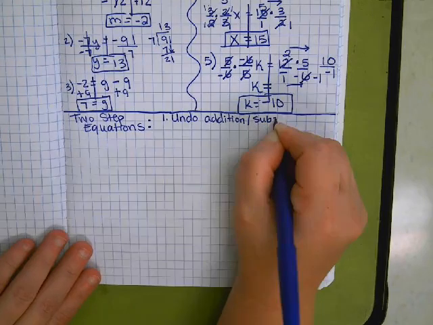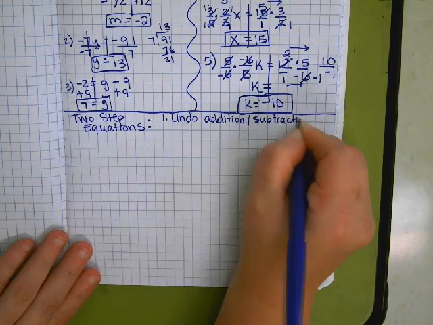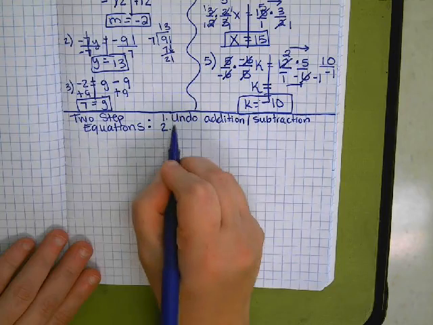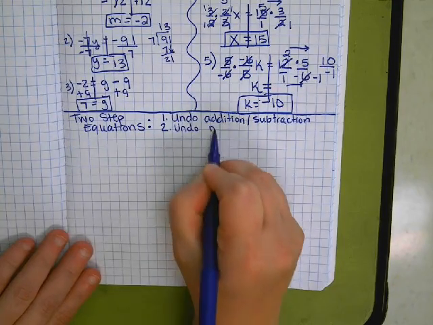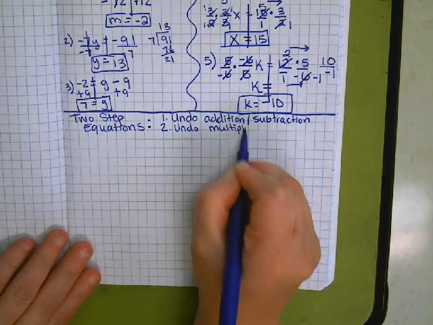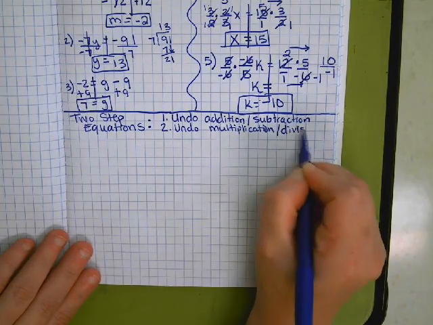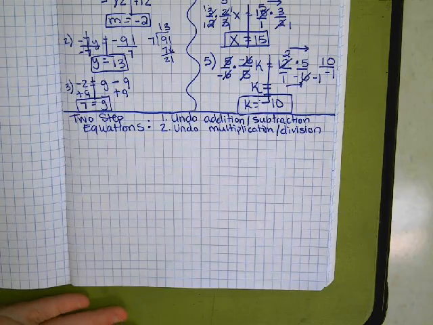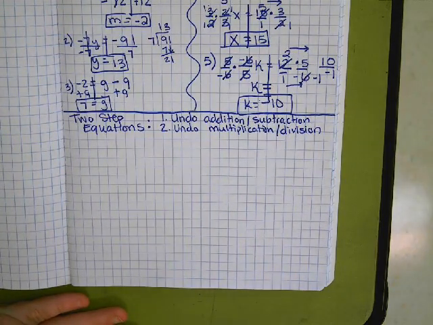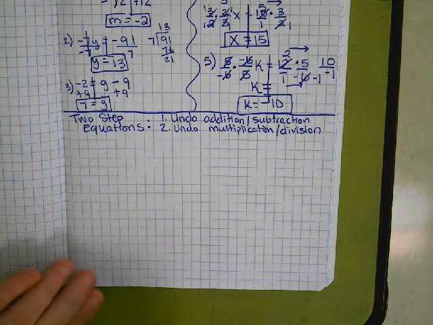That's our first step. And secondly, we must undo the multiplication and division. Okay? So pause it right here to get your rules down if you need to. And push play when you're ready.